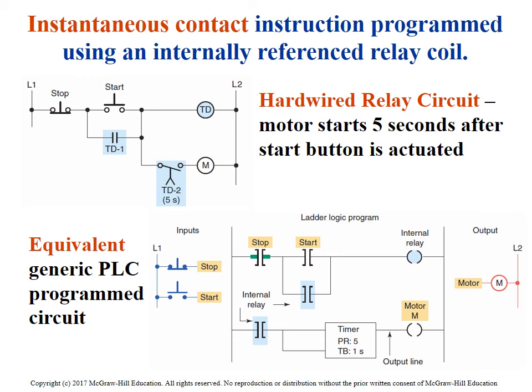Okay, so here's a mechanical or hardwired circuit versus a PLC program, using that timer. Again, keep in mind that's a normally closed push button and a normally open push button. When you close this, that timer timing will start timing. When that done bit turns on, it closes that contact.